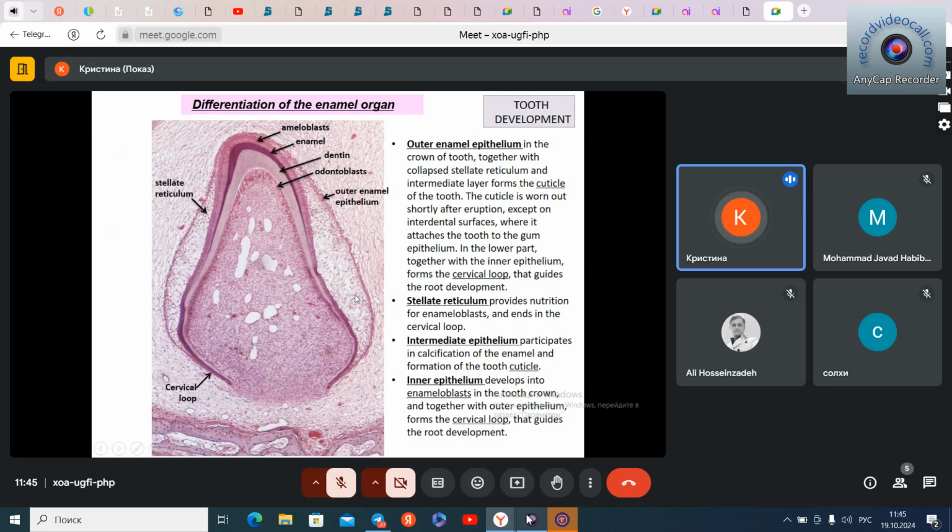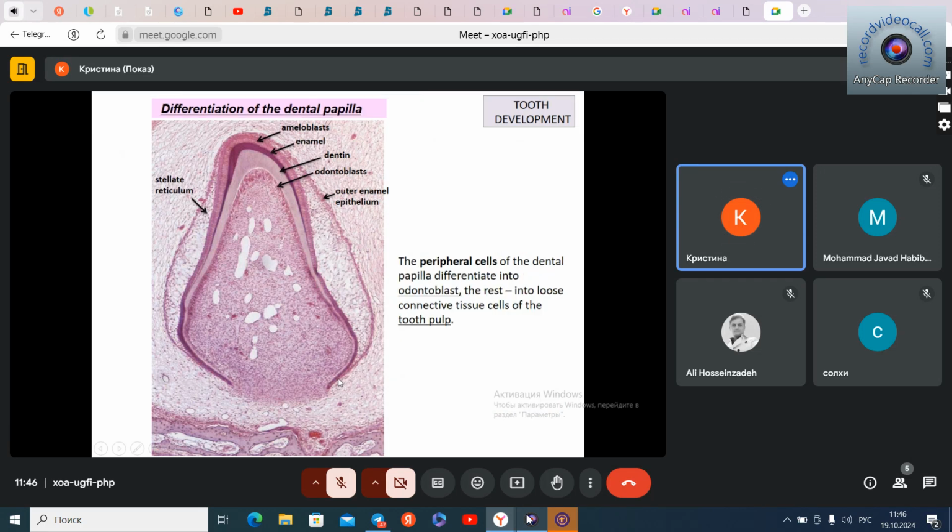The stellate reticulum, which contains stellate in shape epithelial cells, provides nutrition for ameloblasts. Intermediate epithelium, which is located just outside the ameloblasts, participates in calcification of the enamel and also is the part of the future cuticle. Inner epithelium develops into the ameloblast in the crown region and into the cervical loop and the hairs in the root region.